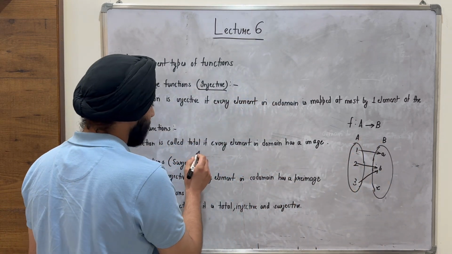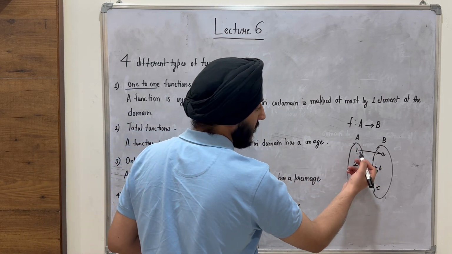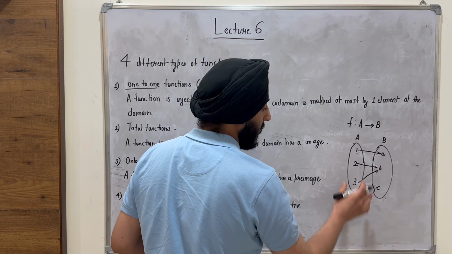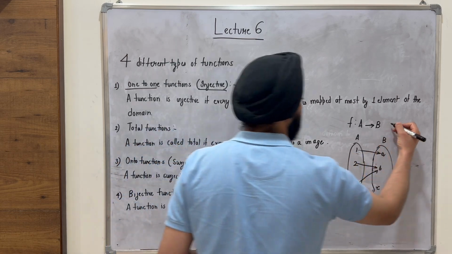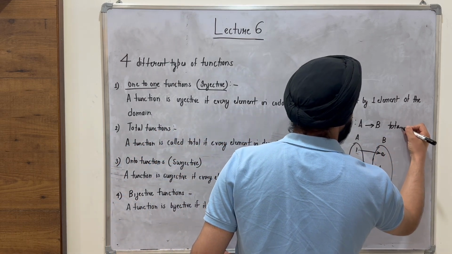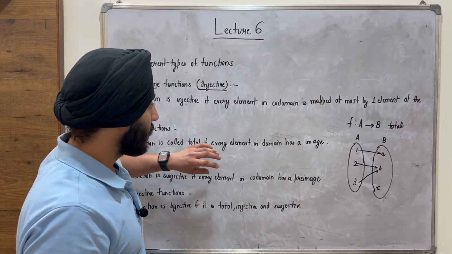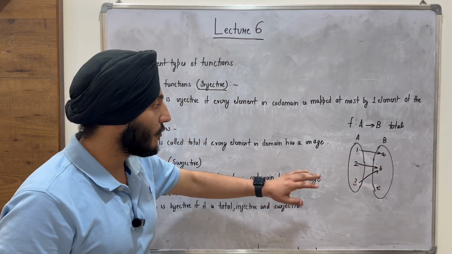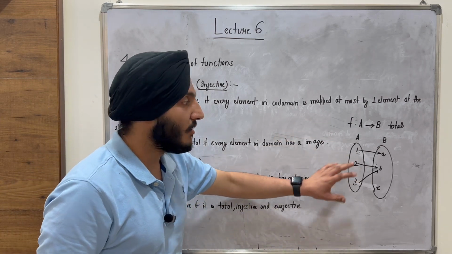According to the total definition, if every element in the domain has an image, so I look at set A, I see 1 has an image A, 2 has an image B, 3 has an image B. Every element has an image over here, so this is going to be a total function. Just a basic idea. So for a function to be total, there's no complicated condition that we want it to have. Just a very basic condition, every element in the set A should have an image, right?